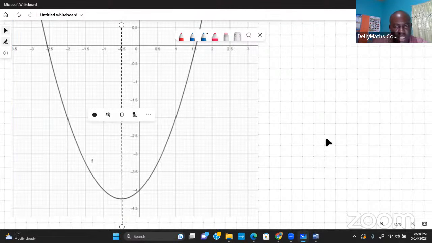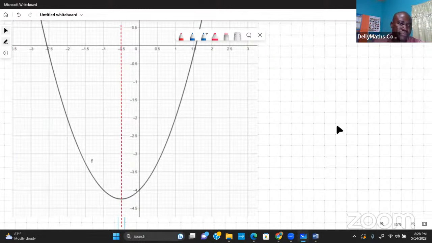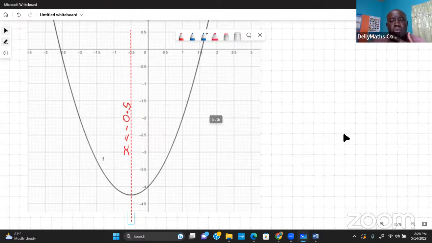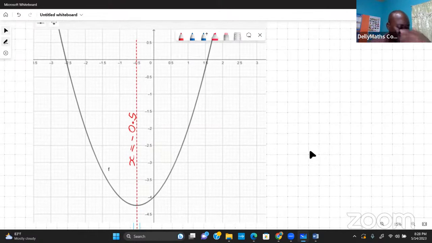That is your axis of symmetry. Check it out. That's it. That line that cuts the graph into two equal pieces. And for me, I'm seeing it is at x equal to negative 0.5. They didn't ask for it, but they said draw the line, which is the axis of symmetry. I'm saying to you, you would have been required to draw that line right there.